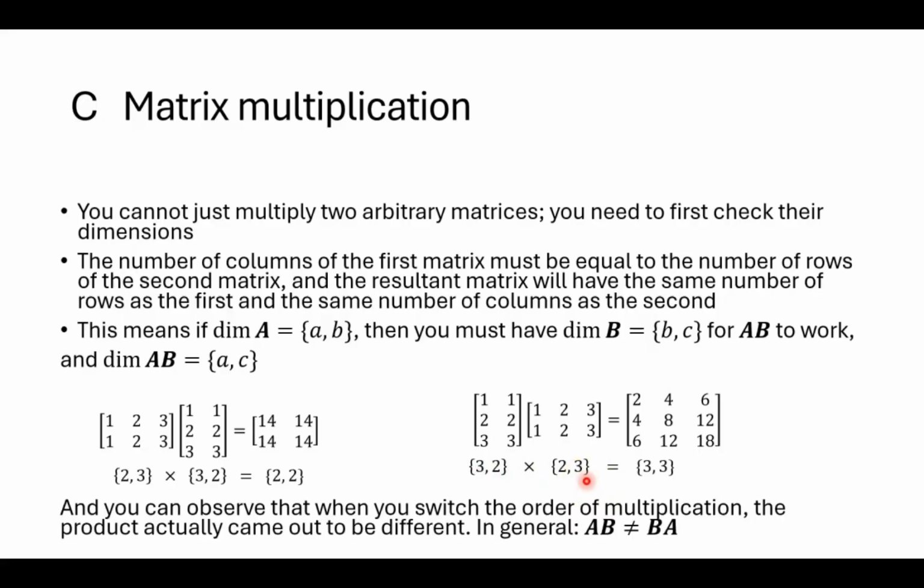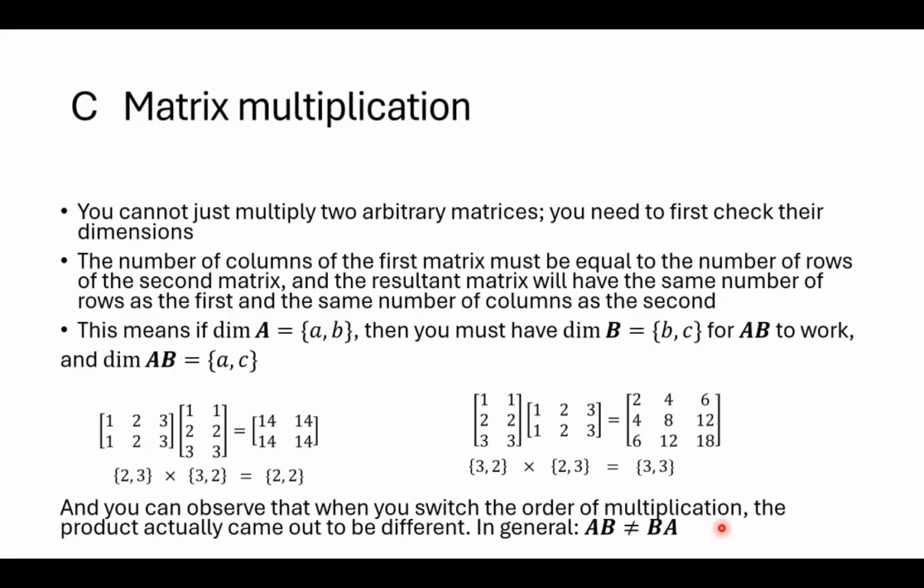And you may have noticed that when you switch the order for multiplication, the product actually came out to be different. You have a different number of dimensions, and the numbers in them are also different. And this leads to a very important fact in matrices: A times B is not the same as B times A. This is very different to our normal numbers, as 2 times 3 is the same as 3 times 2.